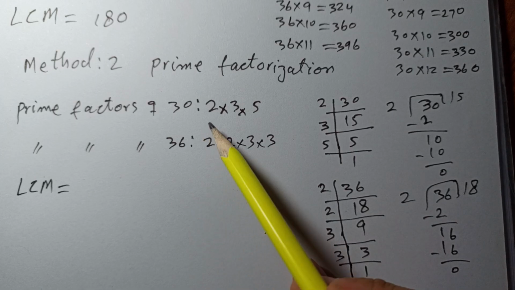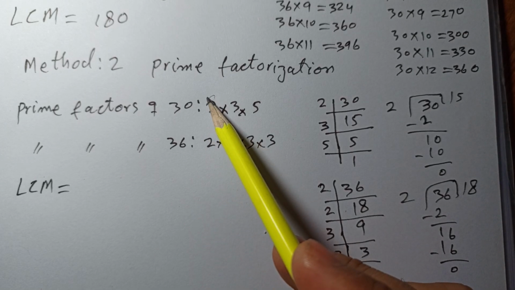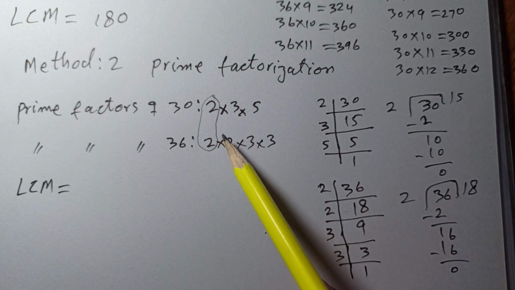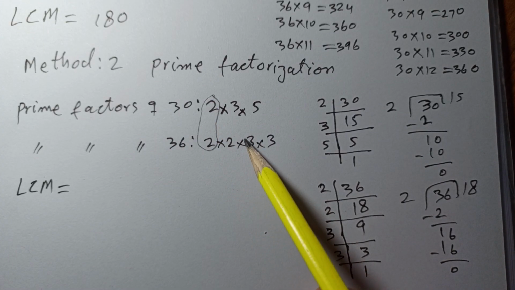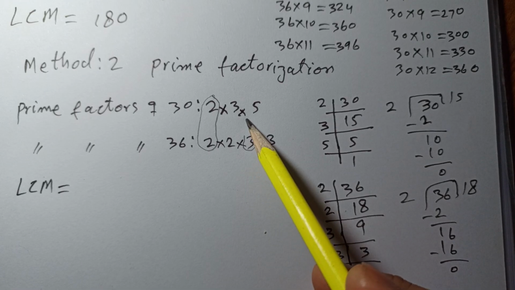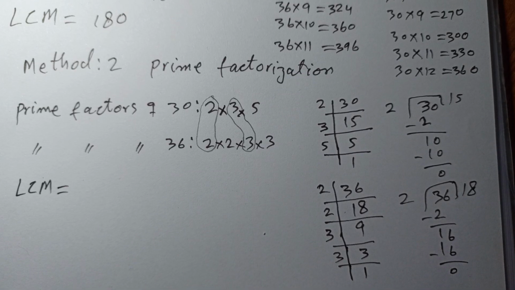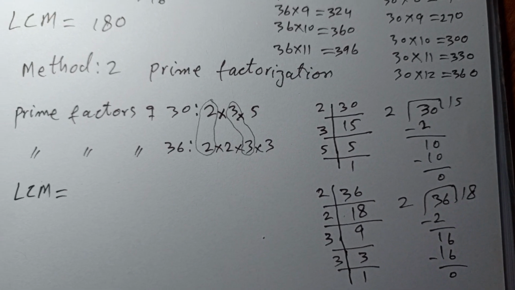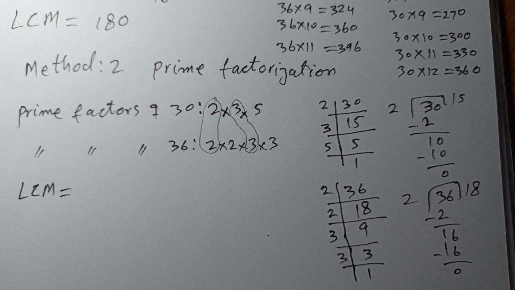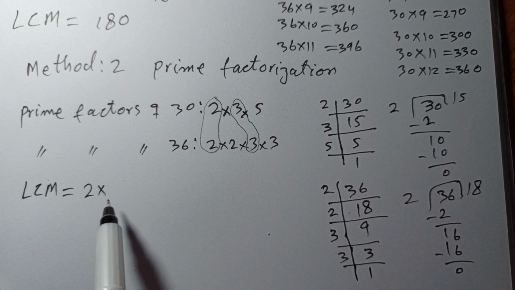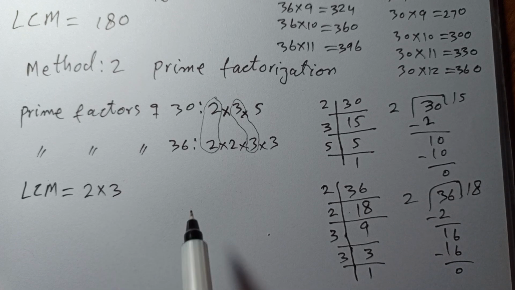See here, I am making a loop of the common ones first. These 2's are common and these 3's are also common. So we will take the common only one time. So 2 multiplied by 3.